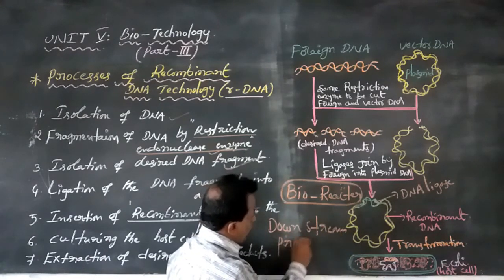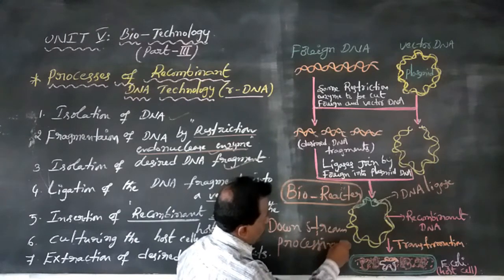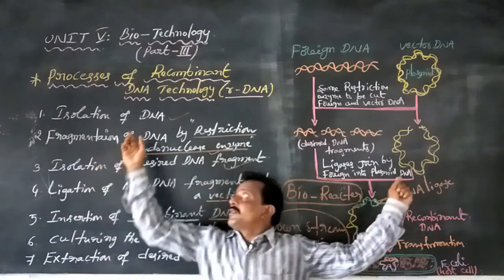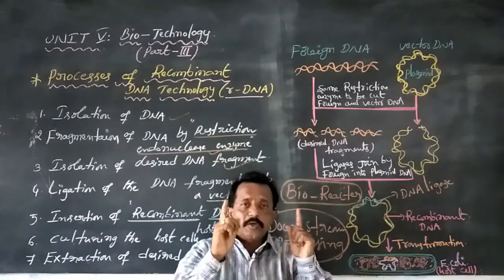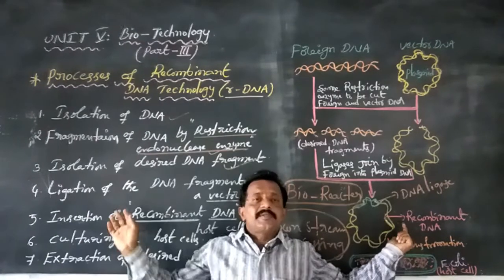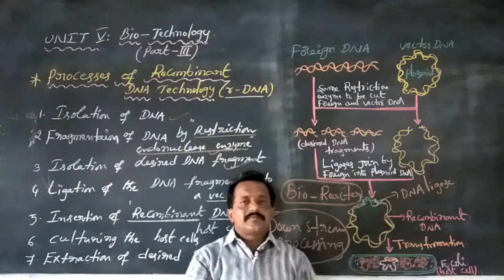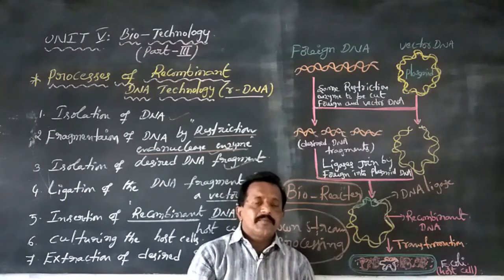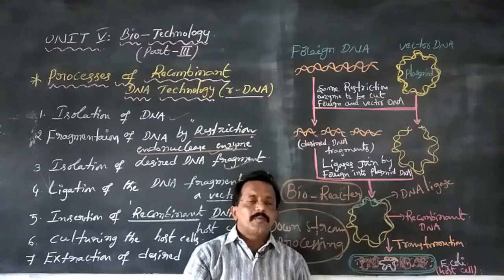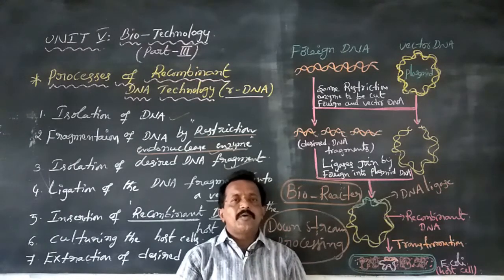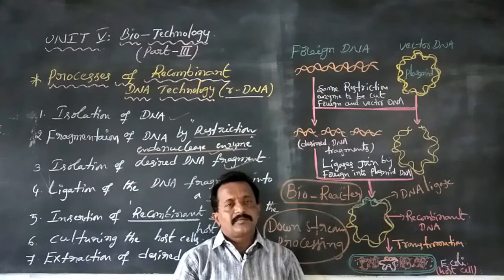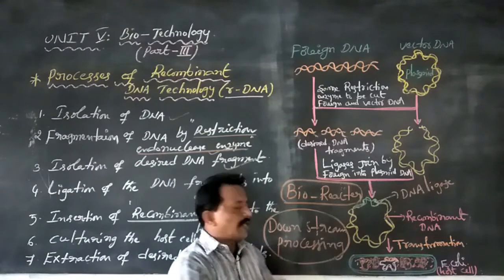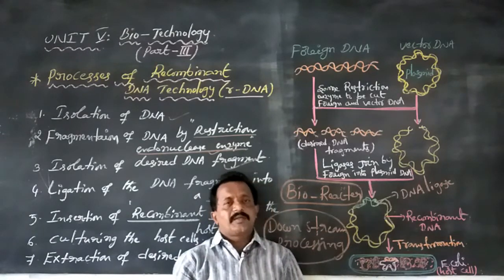So what is the meaning of downstream processing? In this series of processes that includes separation and purification before marketing, it is ready to get a well-developed product. That is manufacturing, which is known as downstream processing.